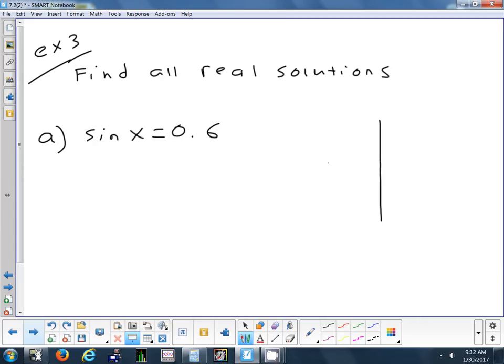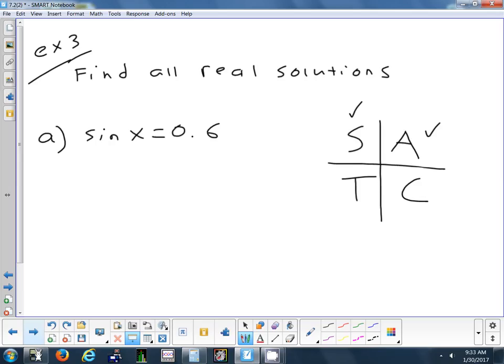We talked about this earlier. People remember that diagram? All the trig functions are positive in quadrant 1, just sine in quadrant 2, tangent in quadrant 3, just cosine in quadrant 4. So this is asking where sine equals a positive. What 2 quadrants would you expect to get sine equal to a positive in? 1 and 2. So that's where we're looking for answers.